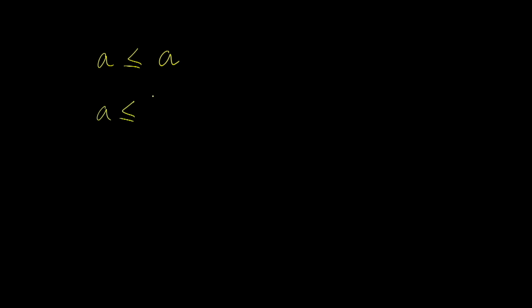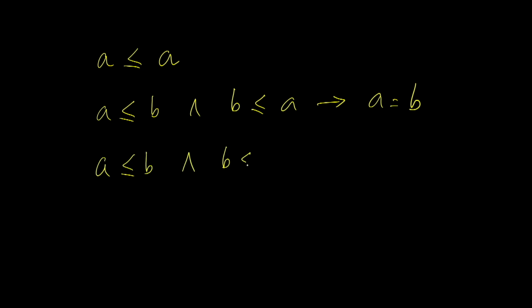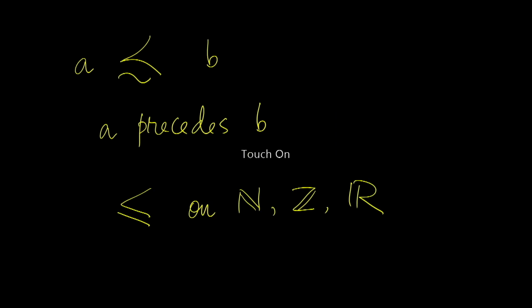If a is less than or equal to b and b is less than or equal to a, then a is equal to b, which is the antisymmetric property. And if a is less than or equal to b and b is less than or equal to c, then a is less than or equal to c. Therefore, all three properties are satisfied, so the less than or equal to relation is a partial ordering relation. That is why the symbol that we use is similar to the less than or equal to relation.